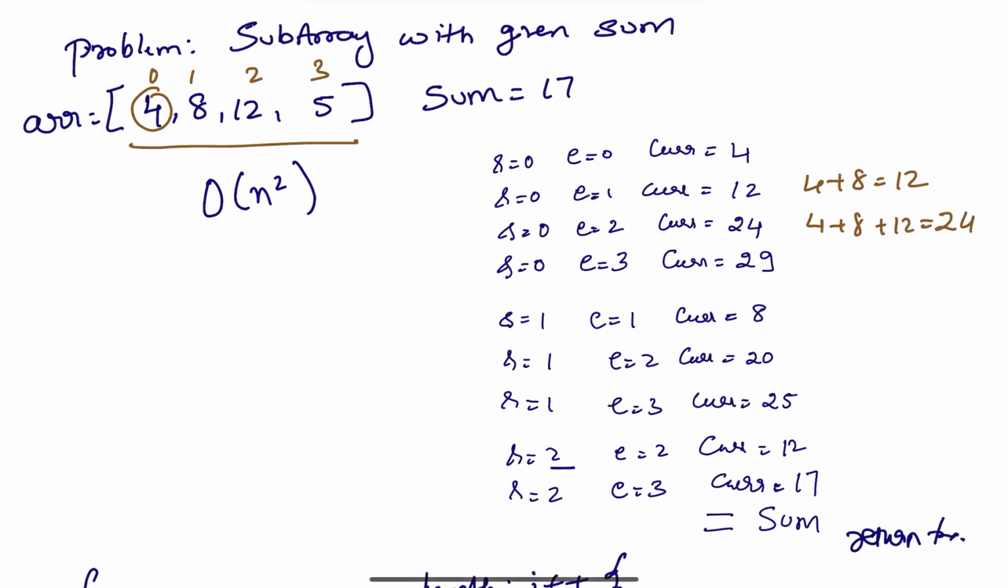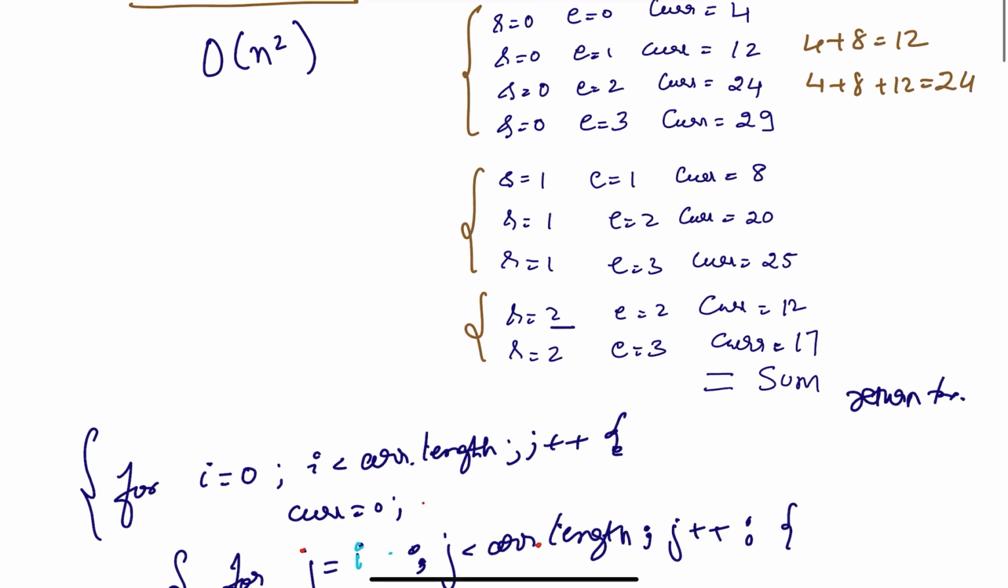Similarly we do this for all the indices, and when the start index is 2 and the end is 3, we get the current as 17, that is current is equivalent to sum, and we return true.